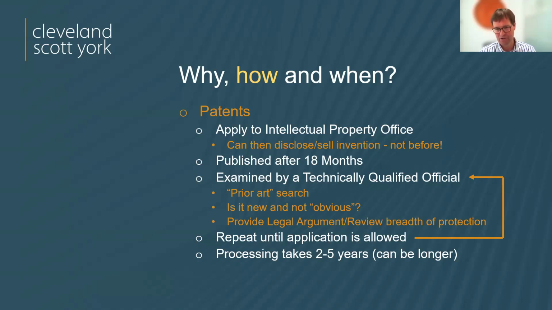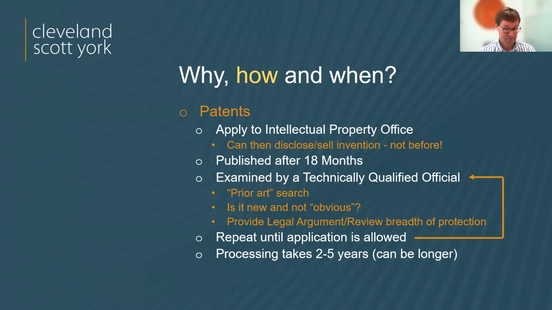Depending on which country you're in and what steps you want to take, that can be done quite early on, or quite late on, depending on the way you act. We normally advise clients to get that search done and also the examination stage started as early as possible, so you've got a good idea of what you're likely to get out of this patent application.